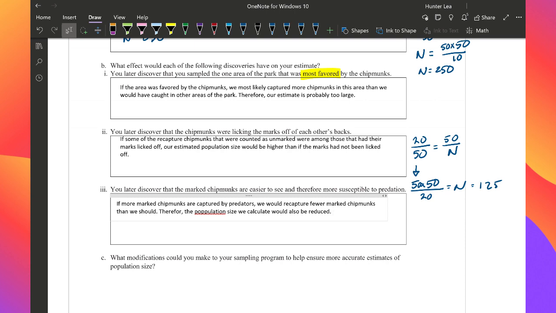And in this case, we really couldn't accurately quantify the population size.